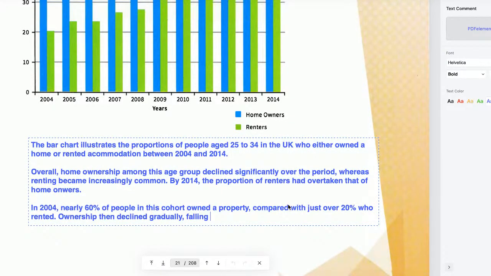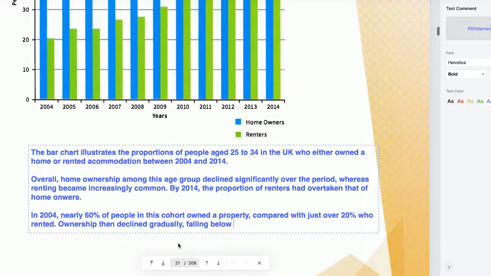Falling or dropping is fine, but falling below, instead of saying 50%, we can replace that. We can replace 50% with what? Remember last time you learned like a quarter, a half, third quarter, things like that.